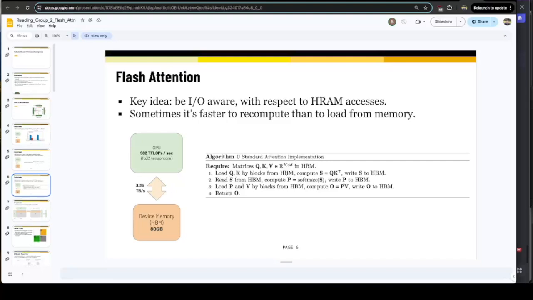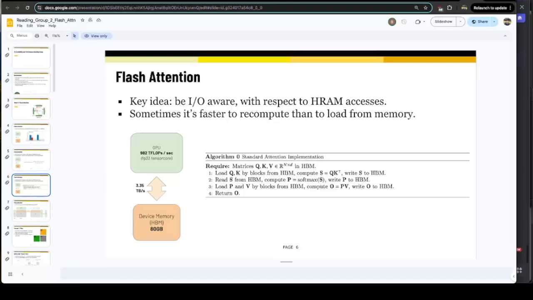You're loading blocks of your query and key matrices into compute chips off of HBM, then you're doing this softmax, writing it back, reading it again, and then doing the value matrix multiplication.